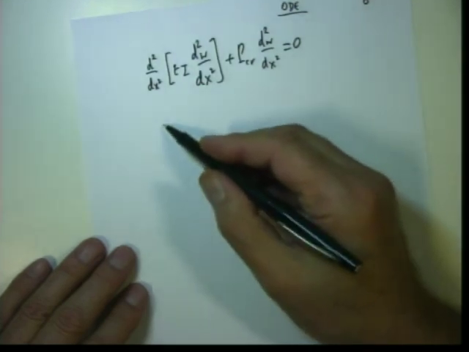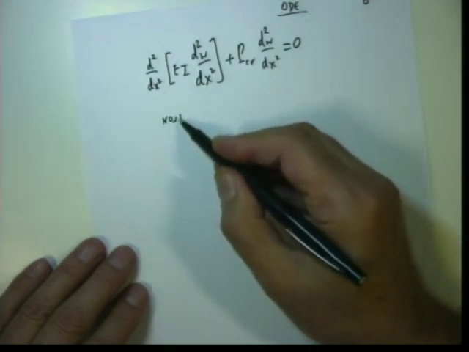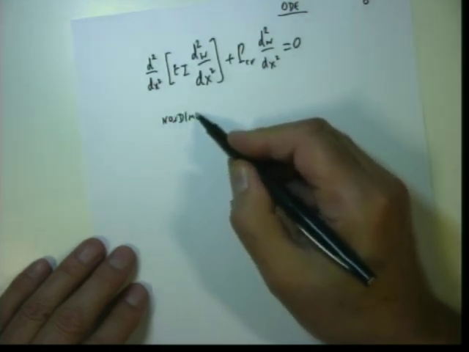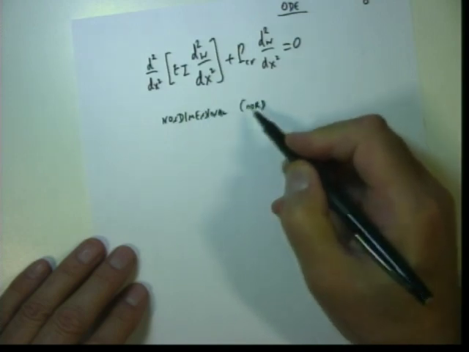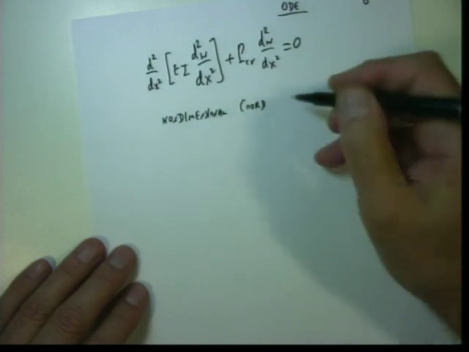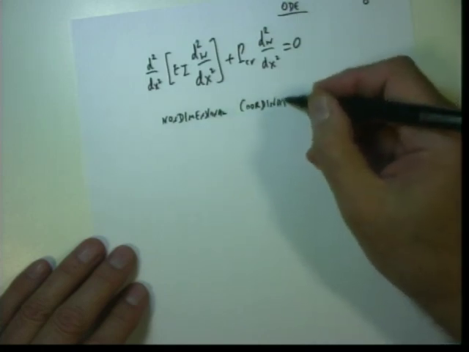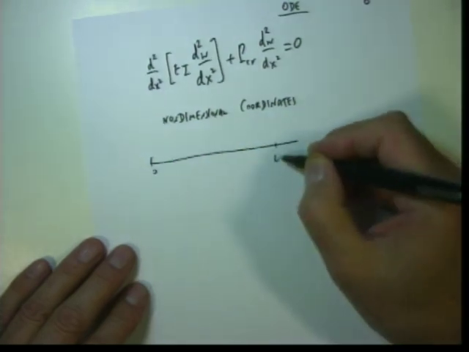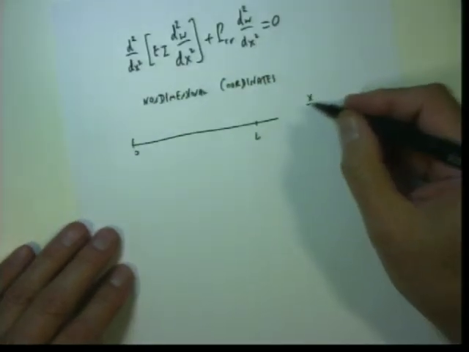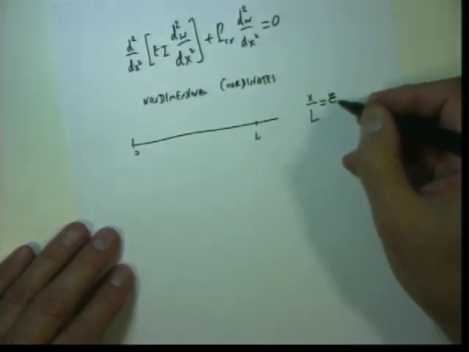Okay, I would like to go into non-dimensional coordinates. Now you can write down, Mr. Flores. So this is 0, this is L. So I would like to introduce x over L equals xi.